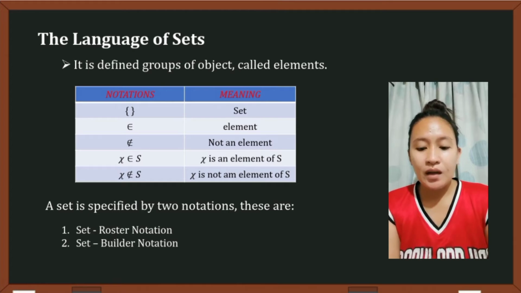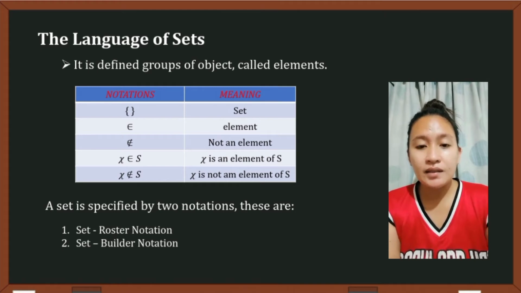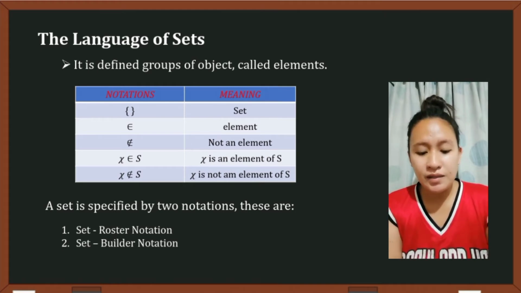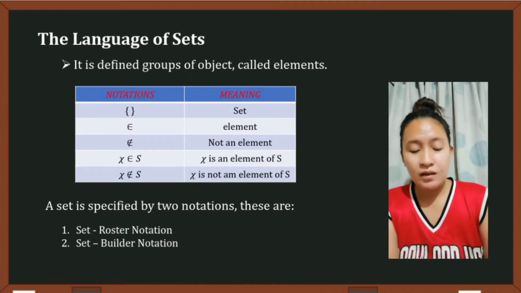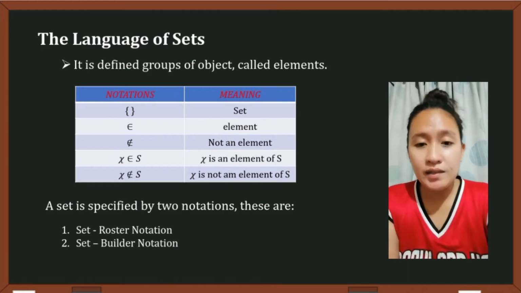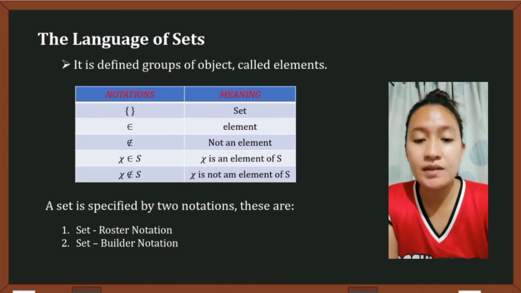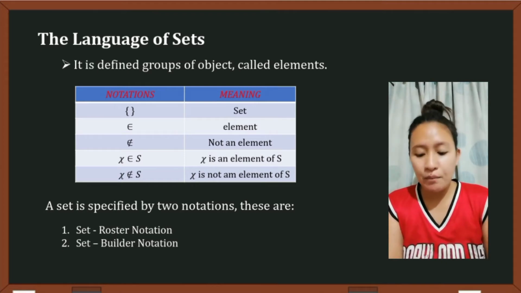Third is not an element. Next is x is an element of S. If S is a set, the notation x is an element of S means x is an element of S. Then, x is not an element of S means x is not an element of S. These notations can be specified by 2 sets.